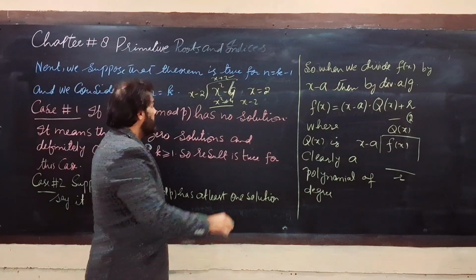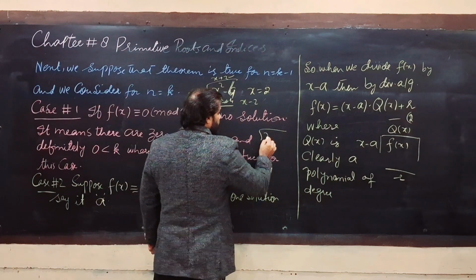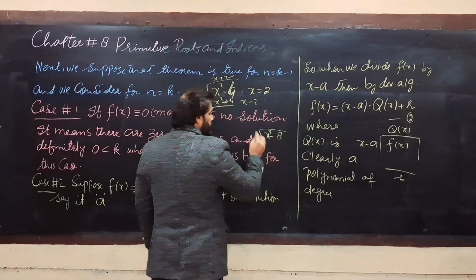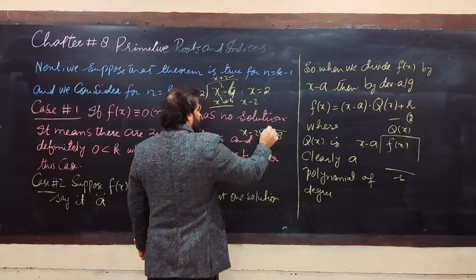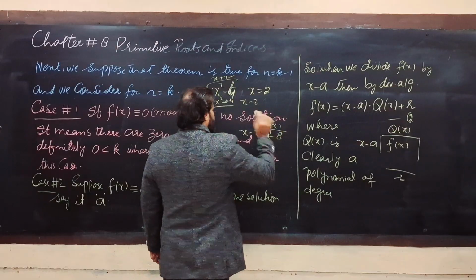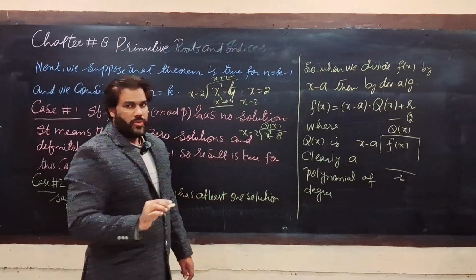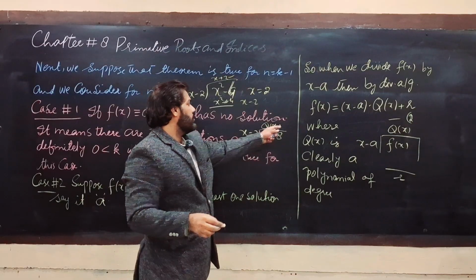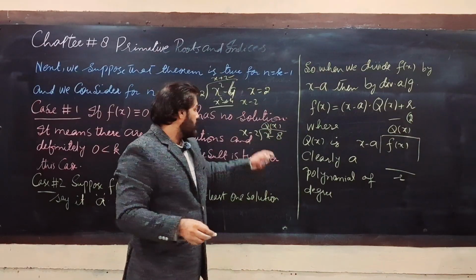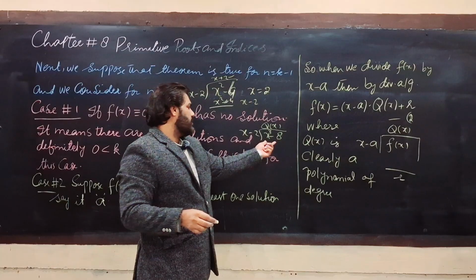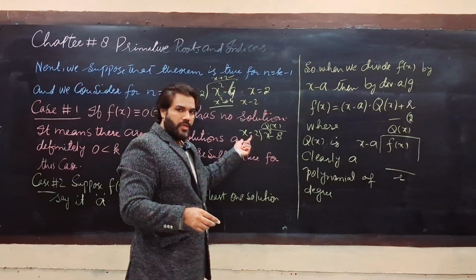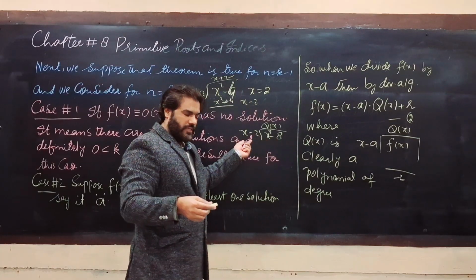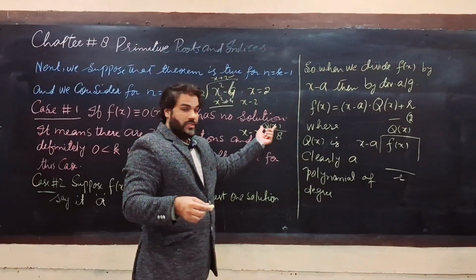Similarly, if you divide x cube minus 8, this is a third degree polynomial, by x minus 2, there will be some polynomial q of x. What will be its degree? Its degree will be second degree, because when we divide a third degree polynomial by a first degree linear factor, it gives us a second degree polynomial.